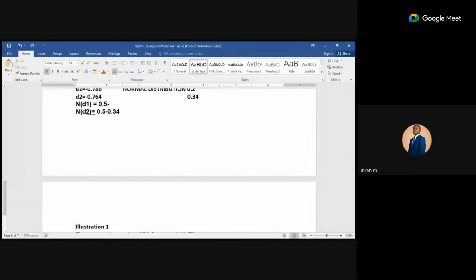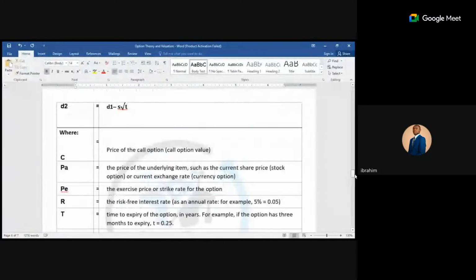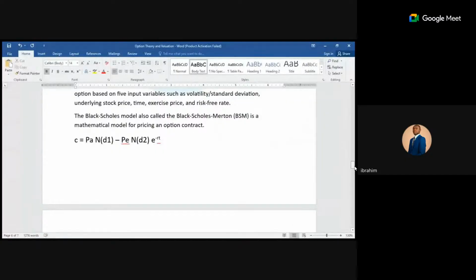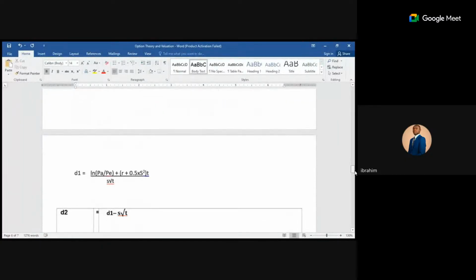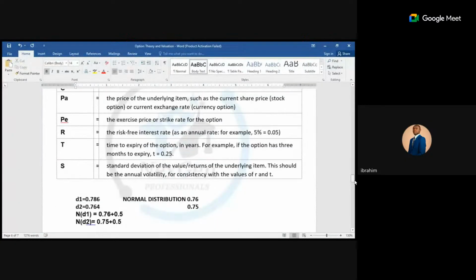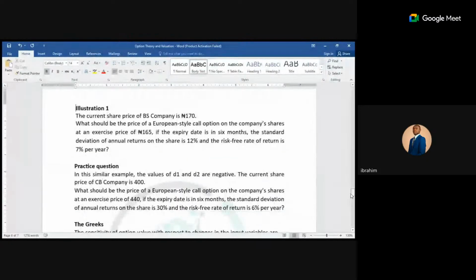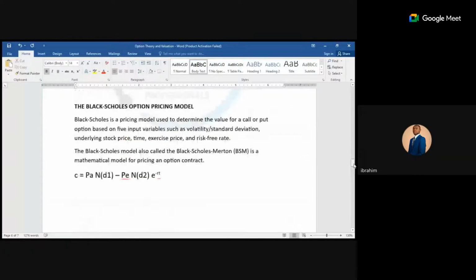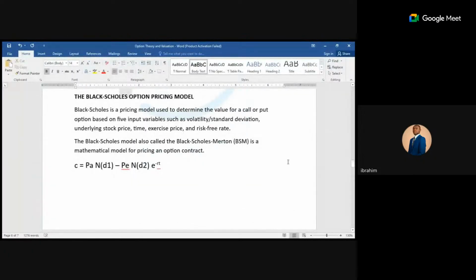So this formula shows how to determine the value of call option. What about the put option? So before we look at an illustration, what about the value of put option? We'll look at it.